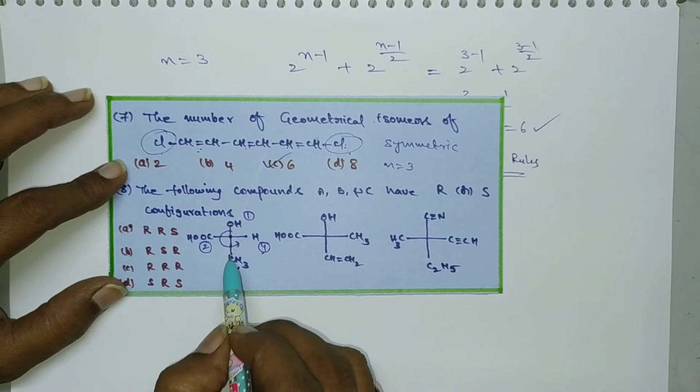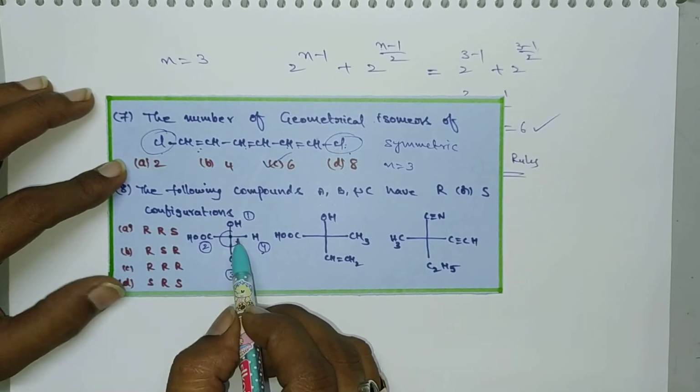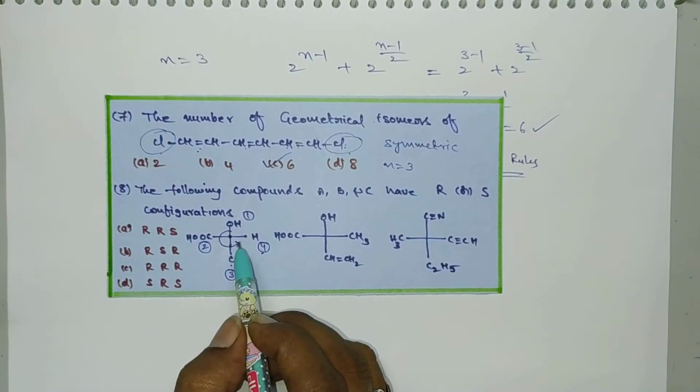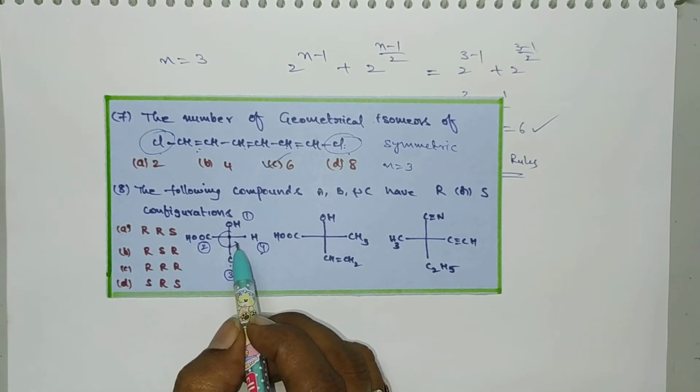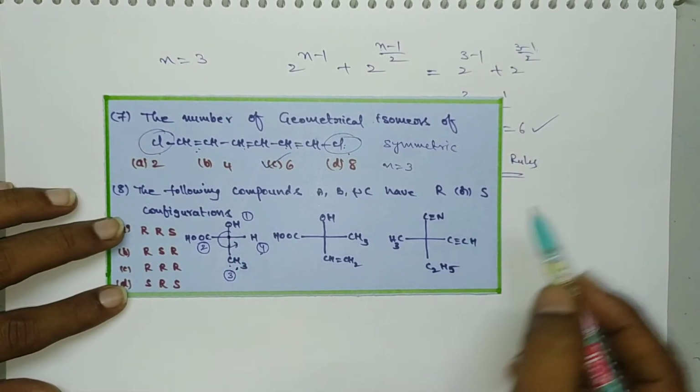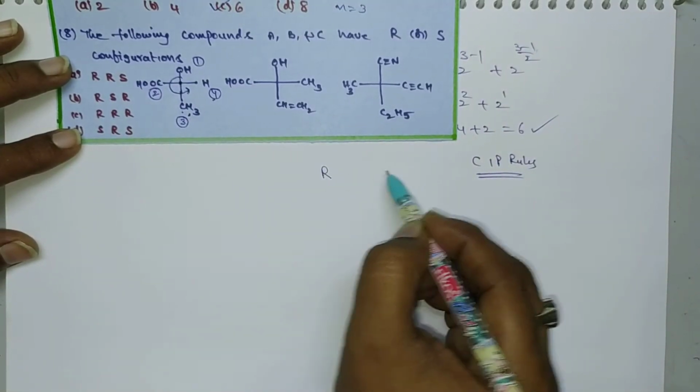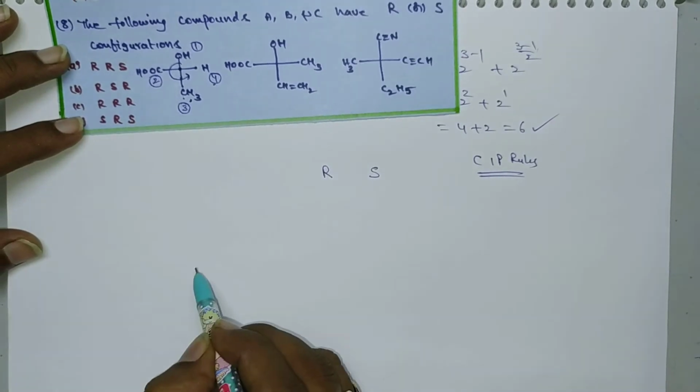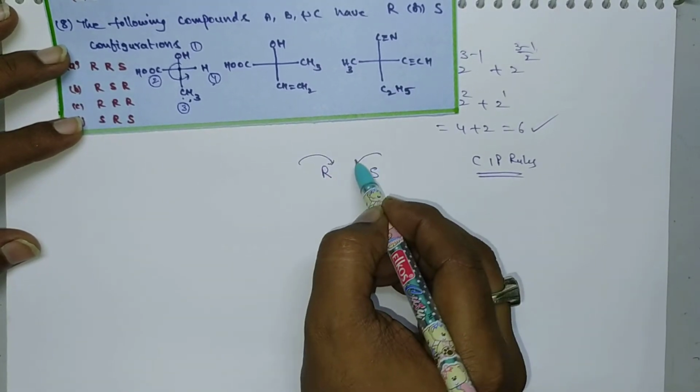If the decreasing order of priority is in clockwise direction, then the molecule is said to be D configuration or R configuration. If it is in anti-clockwise direction, then the molecule is said to be S molecule.